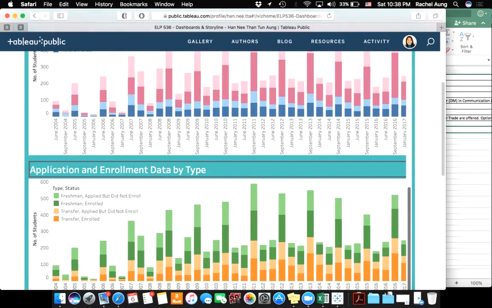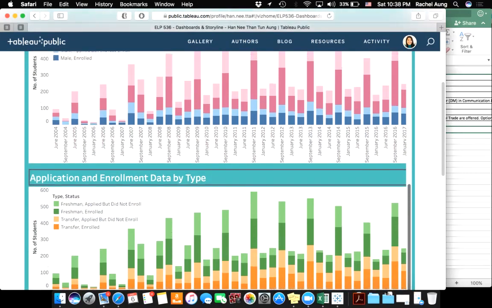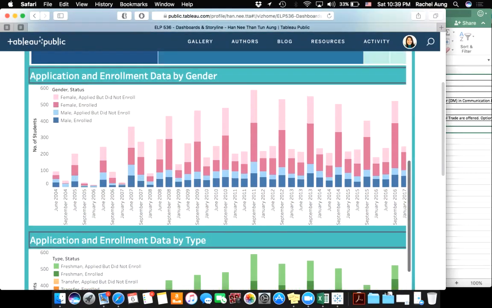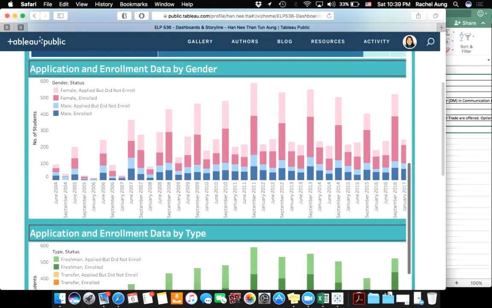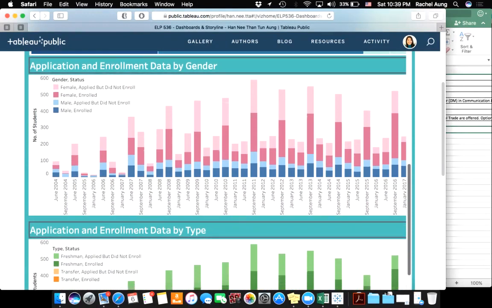And then again, as I said, we know we have a lot of female students because the majors that we provide in Singapore aren't considered hard sciences or things that men would do.